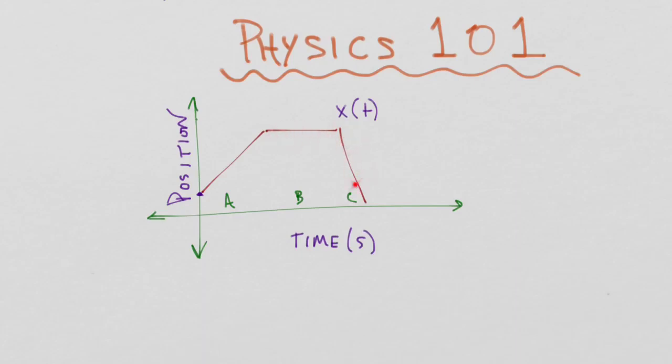And then the speed along section C, you should agree that because this slope is steeper than the slope at part A, the speed is faster. So he is retreating, this particle is retreating along section C of this graph faster than it made its initial movement forward.